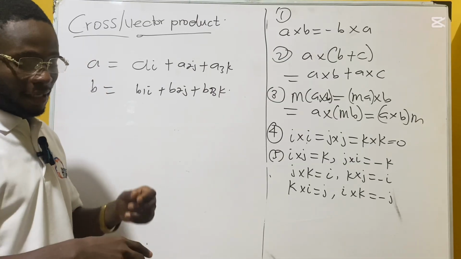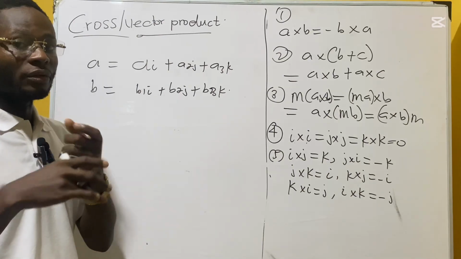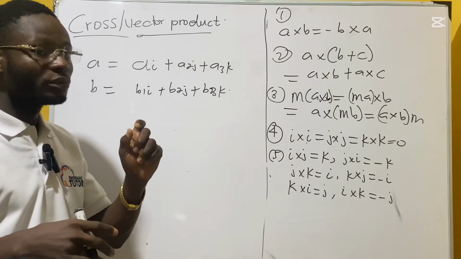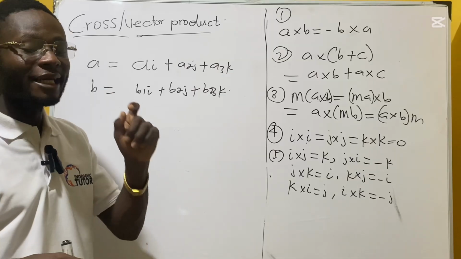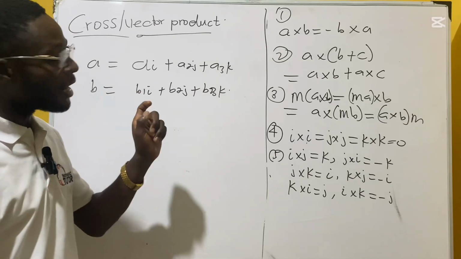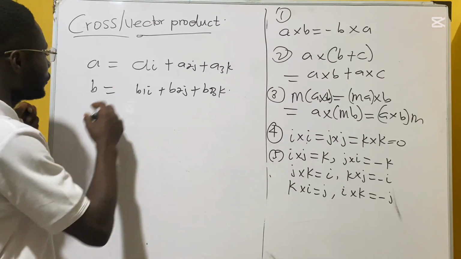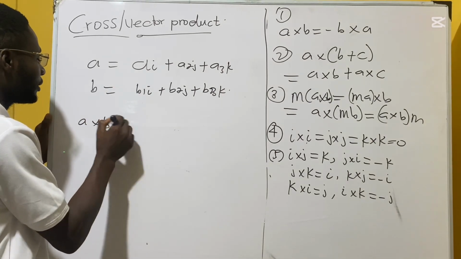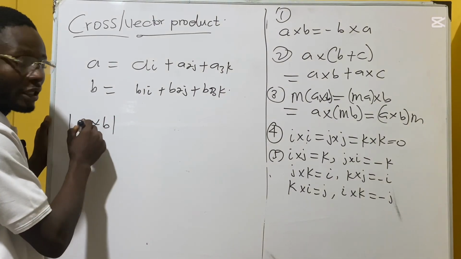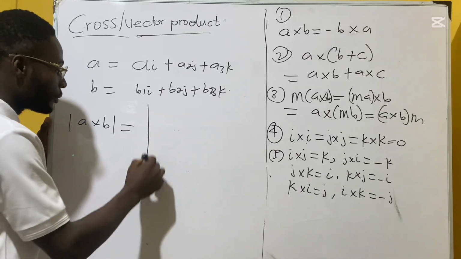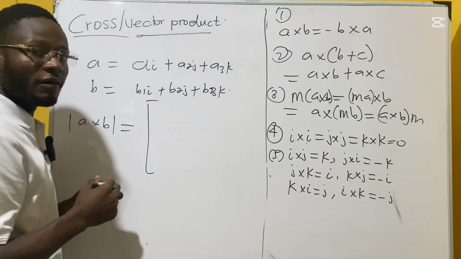the same as the area of a parallelogram. The magnitude of a cross b is the same as the area of a parallelogram. So you have a cross b, that is the magnitude, equal to the area of a parallelogram.